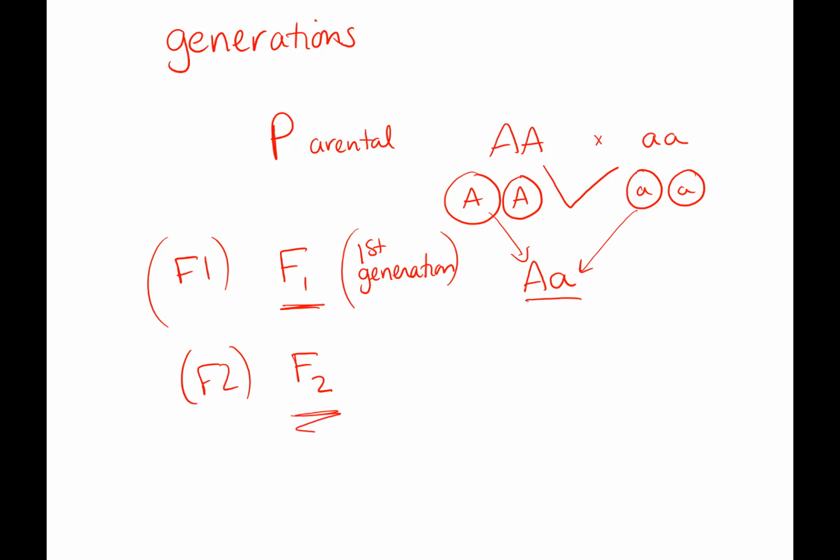Okay, here's the creepy part. F2s are always sibling matings. Again, not normally done with humans. But we do that with plants and sometimes with animals to understand genetics.